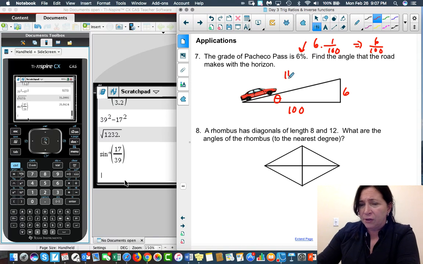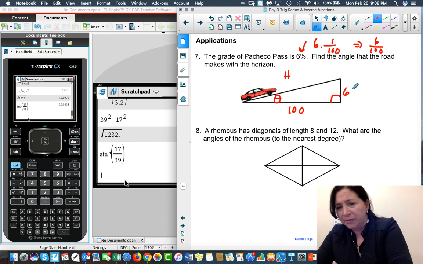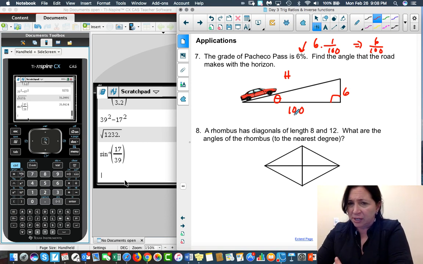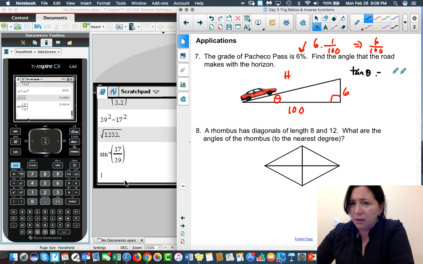Well, I don't have my hypotenuse. We know that that's perpendicular. What you do have is the opposite side and the adjacent side, so that's tangent. Tangent of that angle is equal to the opposite side over the adjacent, which is 100. So theta is equal to arc tangent of 6 over 100.